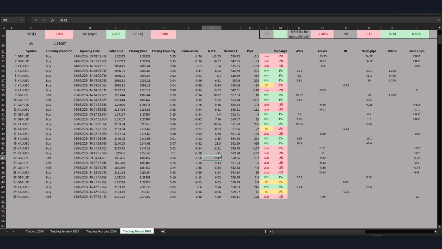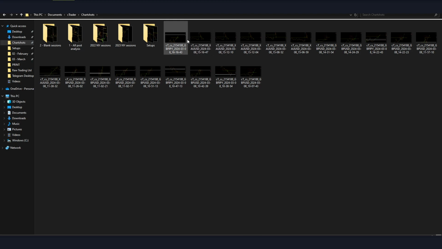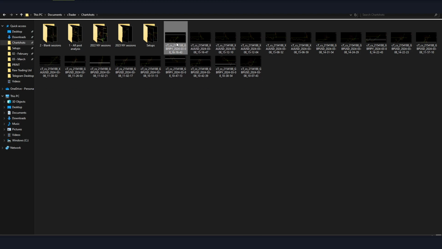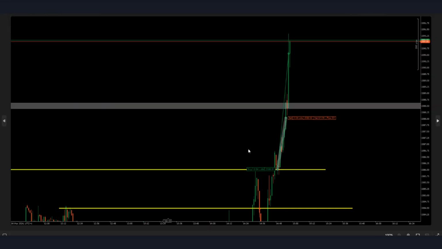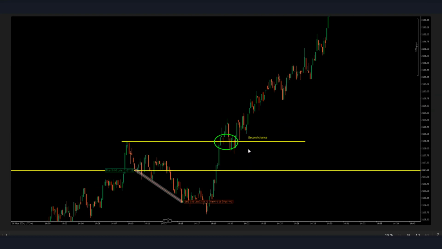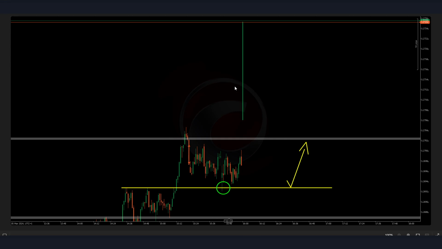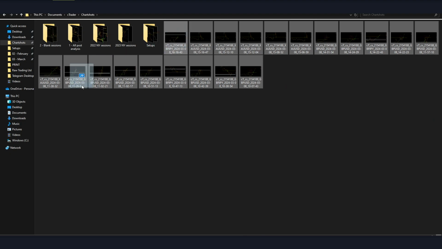But anyway, as per the setups that I should have taken, and this is just the last part, as per the setups, I should have had way more wins if I took them. As you can see, some unlucky ones, but like this one, I should have taken more wins because I saw them.